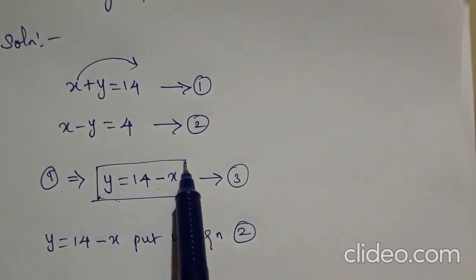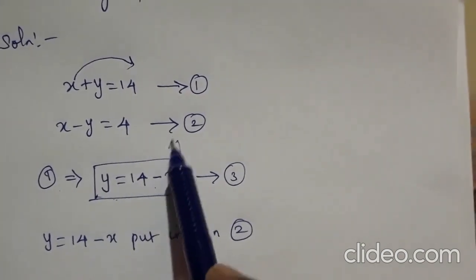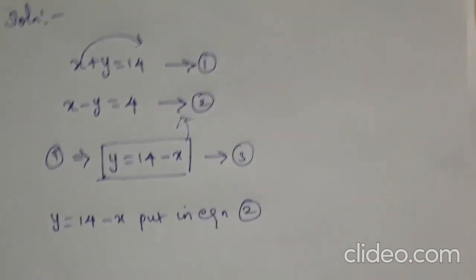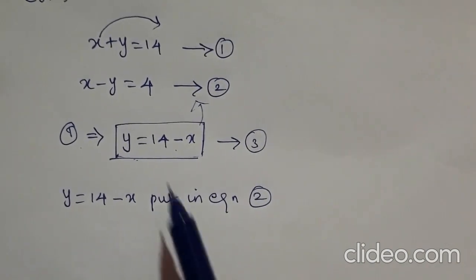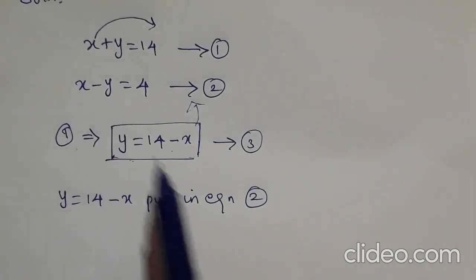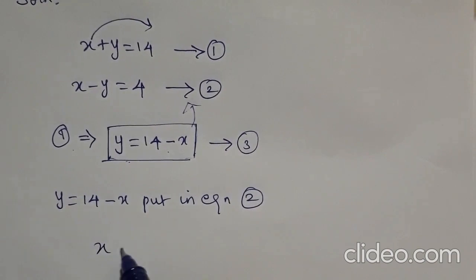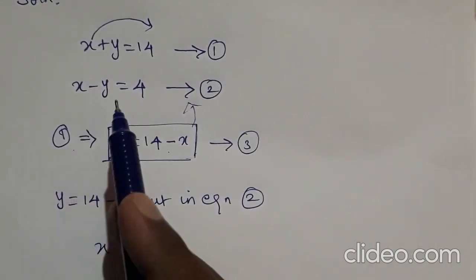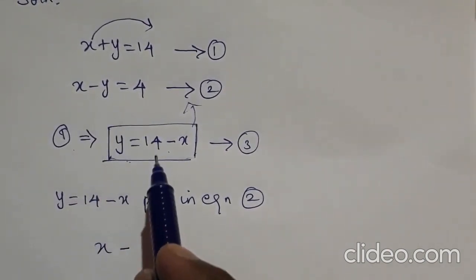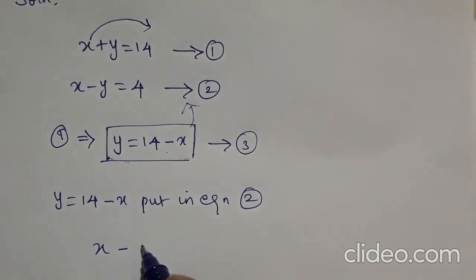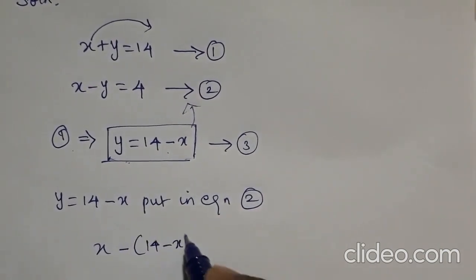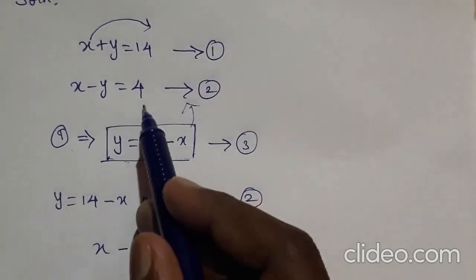This y value I am substituting in equation 2. When you substitute the y value in equation 2, what will you get? x minus, instead of y we substitute this value, minus 14 minus x is equal to, as it is, 4.